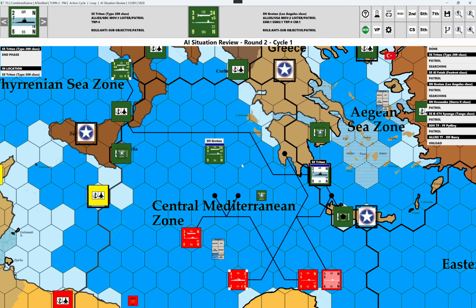So both these guys just happen to be in the patrol area, so they can now start patrolling, and both of them decided to go ahead and just patrol where they're at. Okay. All right. So, yes, let's just keep going.